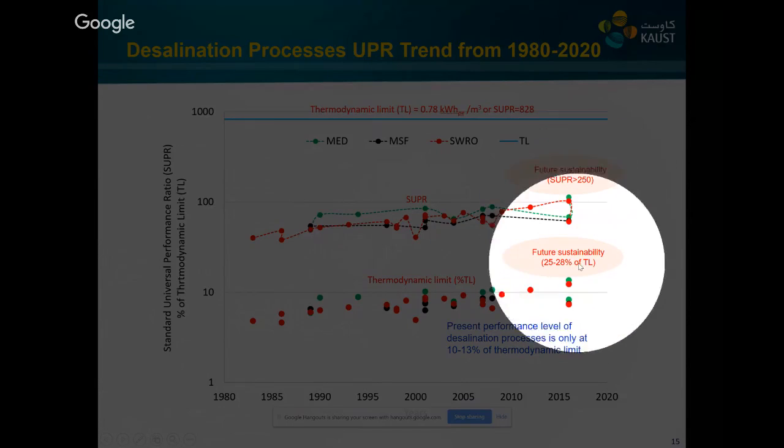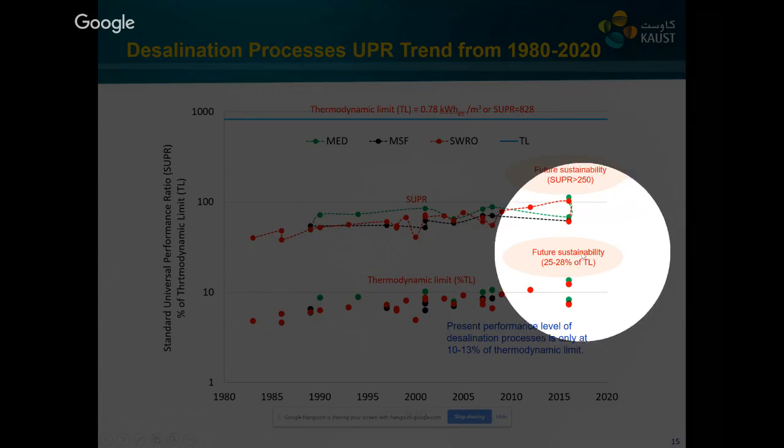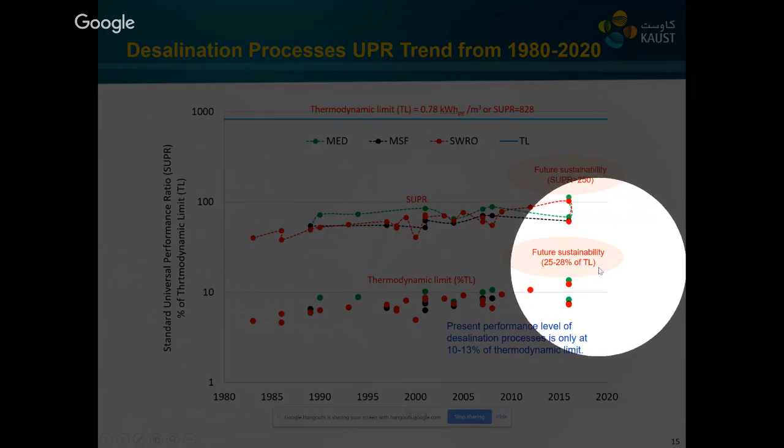So we are very far from future sustainability, and we have to find out-of-the-box solutions to achieve this sustainable zone for future water supplies.